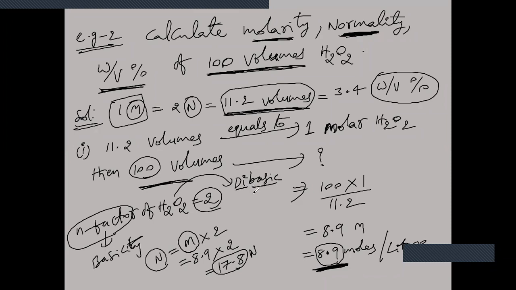That's a di-basic weak acid. So if you know molarity, we can get normality directly. So 100 volumes of H2O2 is equal to how much normality here? 17.8.